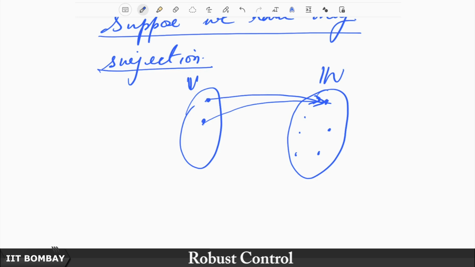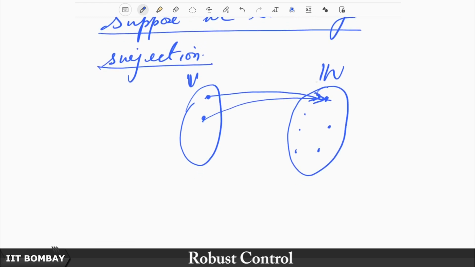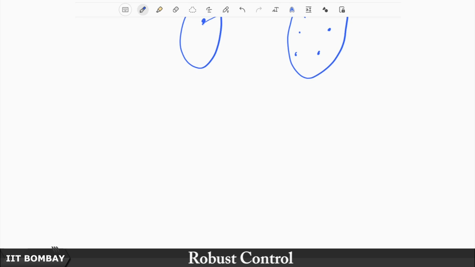So now what can we do with this surjection property alone? If you want to go from W back to V, there are two ways in which this can be accomplished.